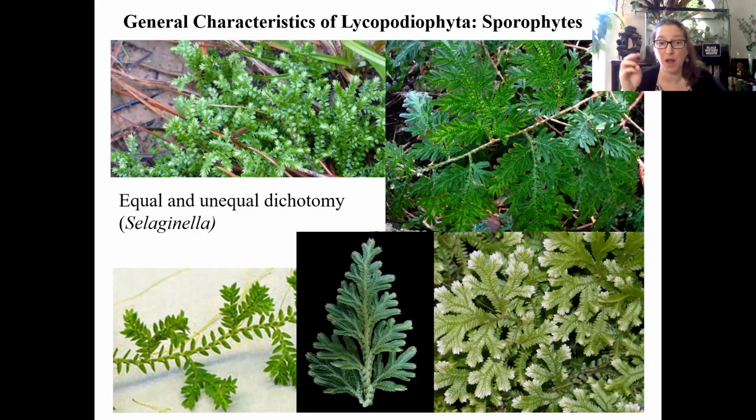Some also have a combination of both. For example, a lot of Selaginella species can have equal and unequal dichotomy on the same plant, which would probably be even more advanced than just unequal.